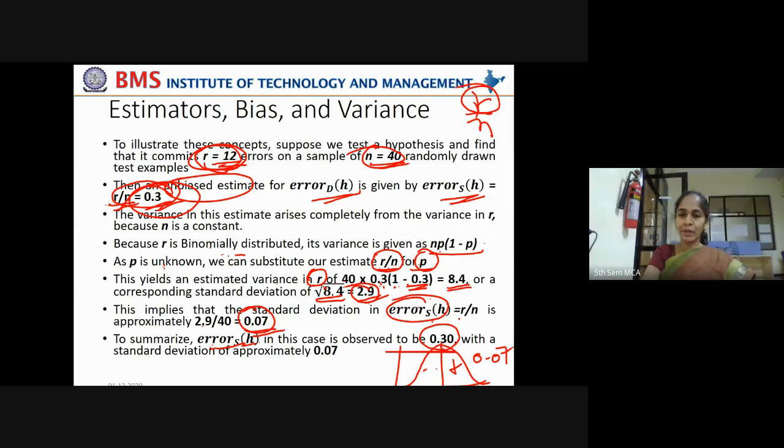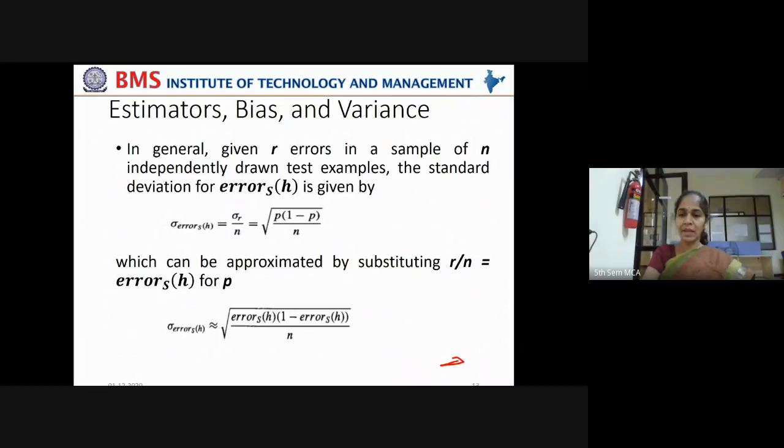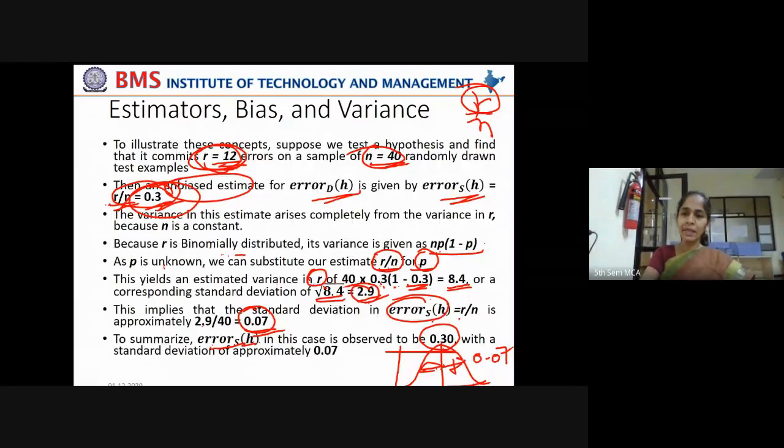So the difference on this side and this side can be 0.07, the deviation spread in the data. The width of that normal distribution can be plus or minus 0.07. So the mean of the sample error is taken here as 0.30 and the standard deviation as plus or minus 0.07.